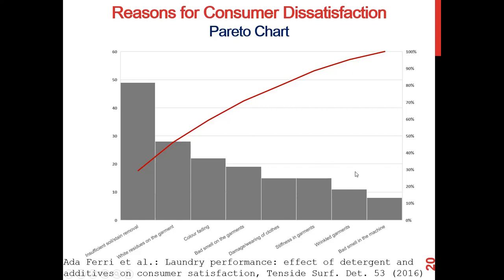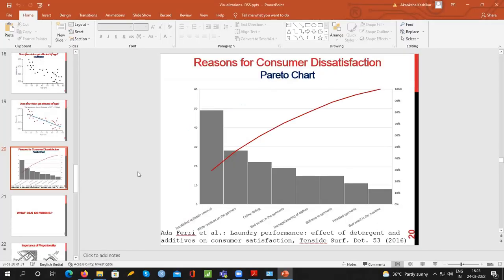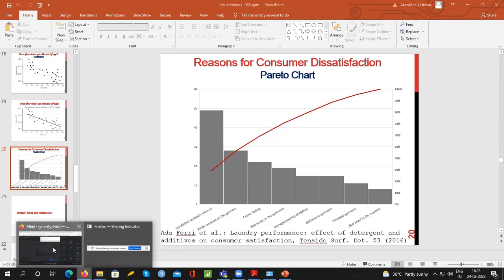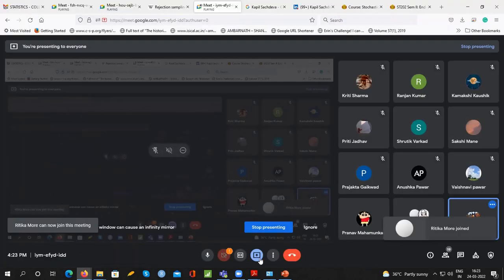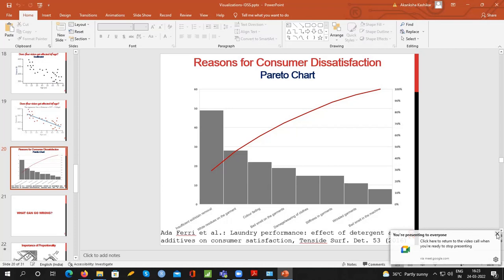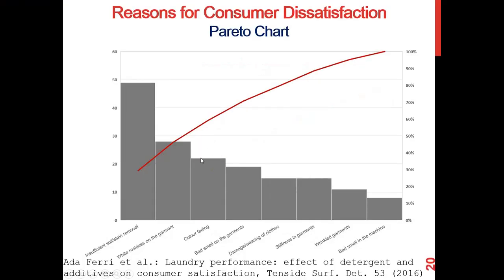So what does that curve indicate? See the first point of this curve. Out of whatever number of people were surveyed, 48 people said this is my reason of unhappiness.